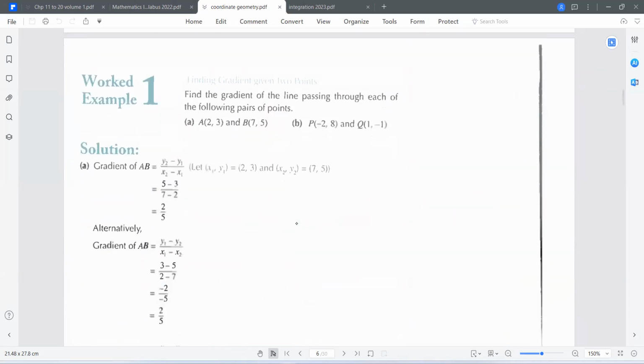Okay, people, quickly. Do you understand this example? First, read the question carefully. This is really important. First, read the question, and then see the solution. Do you understand this solution?